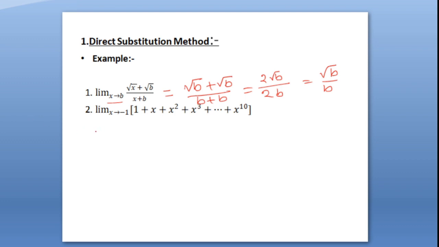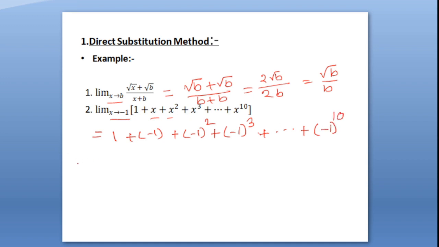Now for the next sum, x tends to minus 1, that means for x we need to write minus 1. That is 1 plus (minus 1) plus (minus 1) whole square plus (minus 1) whole cube, and so on up to x to the power 10 with x as minus 1.